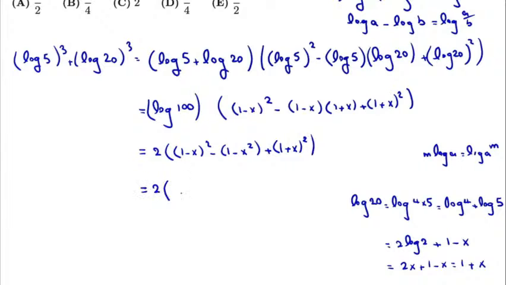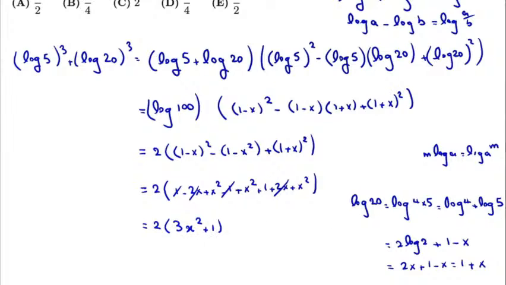If you calculate, it will be 2 times 1 minus 2x plus x squared, minus 1 plus x squared, plus 1 plus 2x plus x squared. Negative 2x and 2x cancel, and 1 and negative 1 also cancel. It will be 2 times 3x squared plus 1.